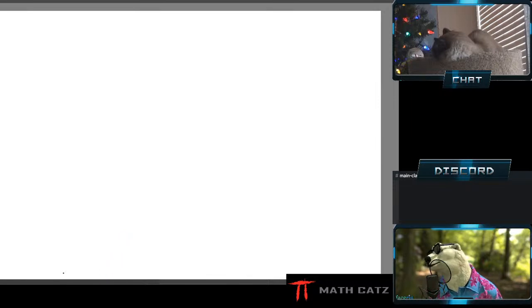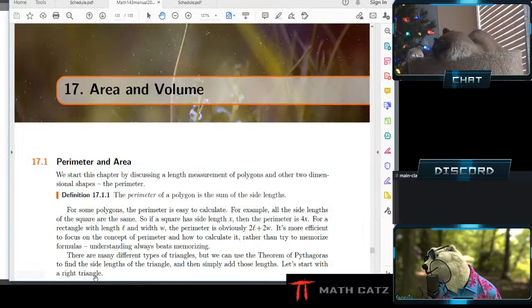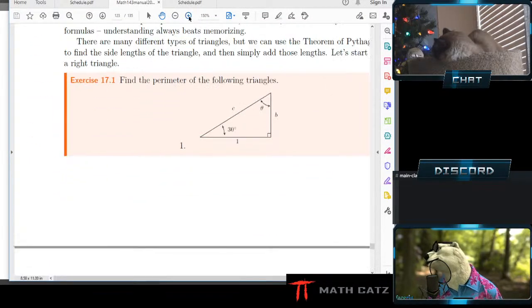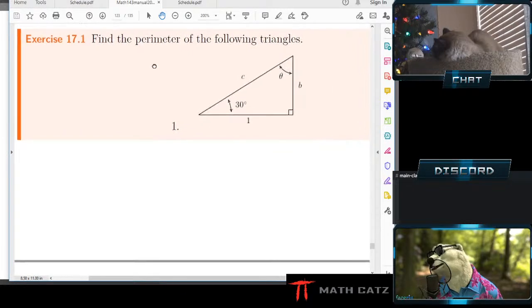And it is an elementary school topic, so fairly relevant. Let's zoom in on this first one and just do it by example. Regardless of the shape, there isn't really a shortcut for us. We need to figure out the lengths of all the sides and then simply add them up.